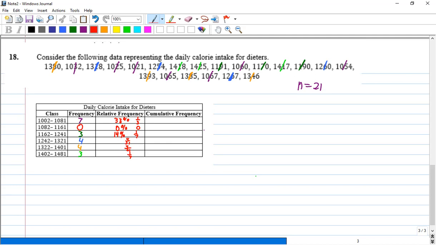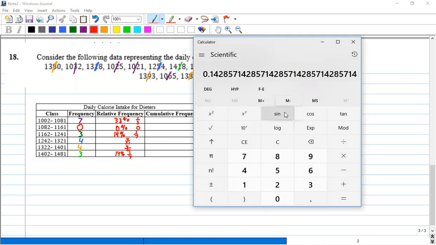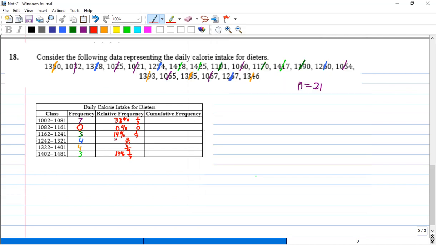So I know that that's around 14%. Let's figure out what 4 over 21 is. It'll be just a little bit more. 4 divided by 21 is about 19%. And then cumulative frequency.